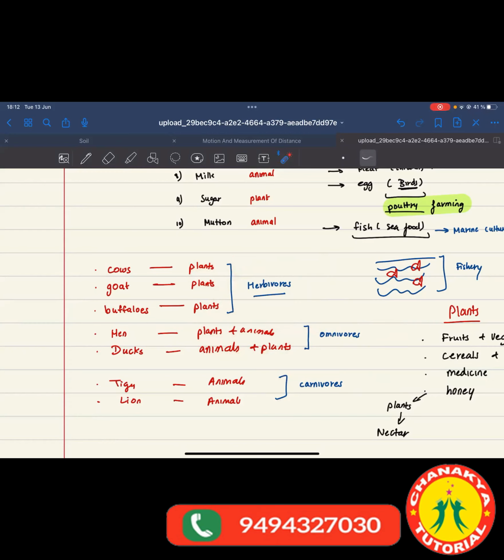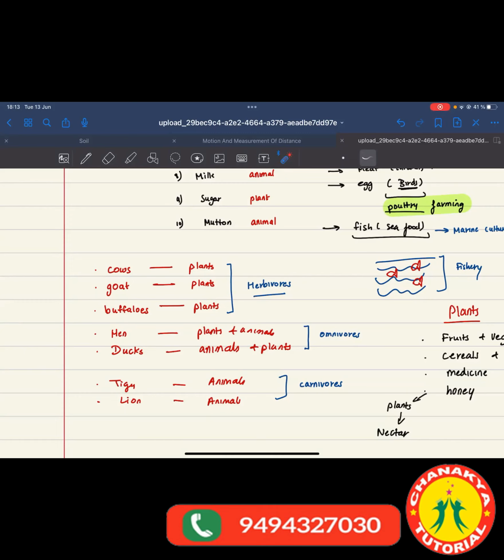Omnivores. Ma'am, and carnivores. Ma'am, some can be herbivorous and some can be omnivorous in humans. I know there are vegetarians and non-vegetarians, but there are people who consume egg, which is again an animal product. So the point is, we cannot say that some humans are herbivorous and some are omnivorous.